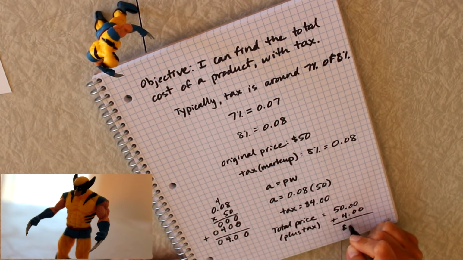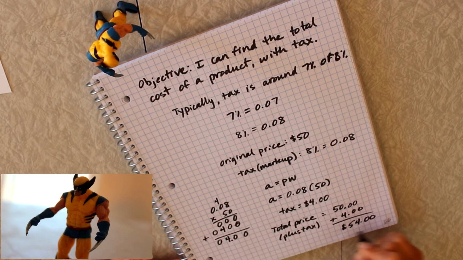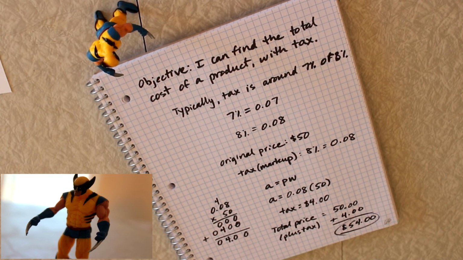So our final price is going to be $54 plus tax. And I mean, hopefully that makes sense and you guys are able to blaze through this week's work with this information. Okay, have a good one.